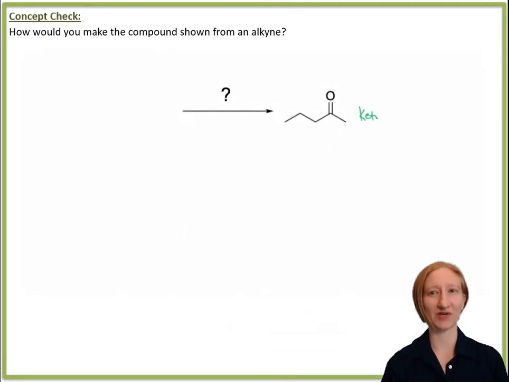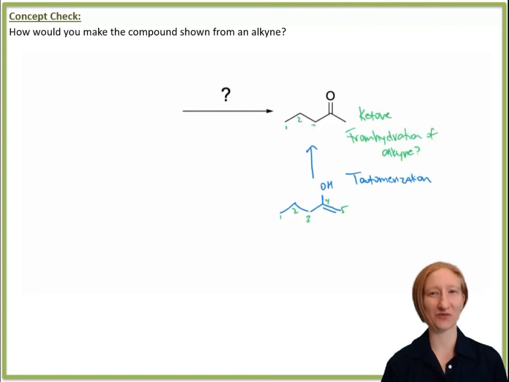So I might start by drawing the enol that I would need in order to access this ketone after tautomerization. I might start by counting the carbons in the ketone. Okay, there are 5 carbons. So I'll draw an enol that has 5 carbons and the oxygen on the 4th carbon. And now after tautomerization, this structure will lead to the desired ketone.